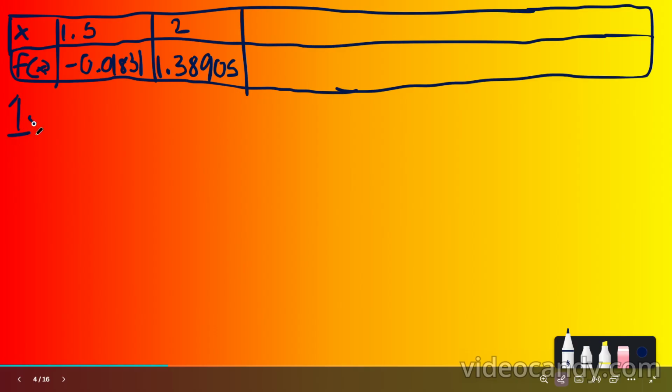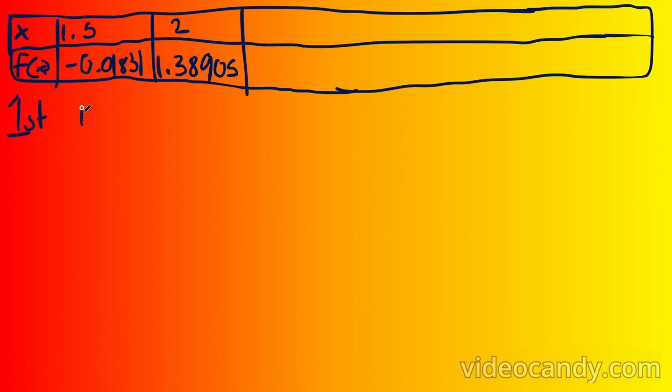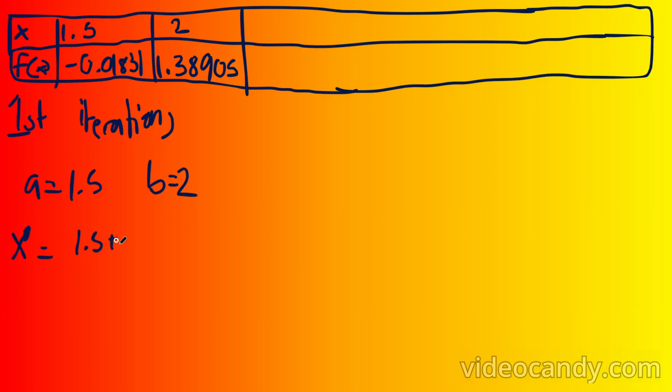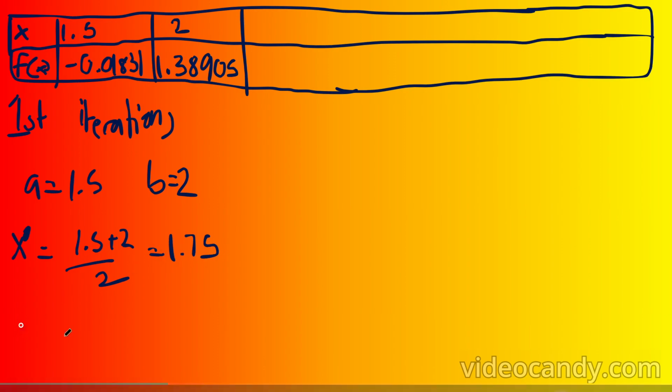For the first iteration, a is 1.5 and b is 2. So x0 is (1.5 plus 2) divided by 2, and the answer is 1.75.